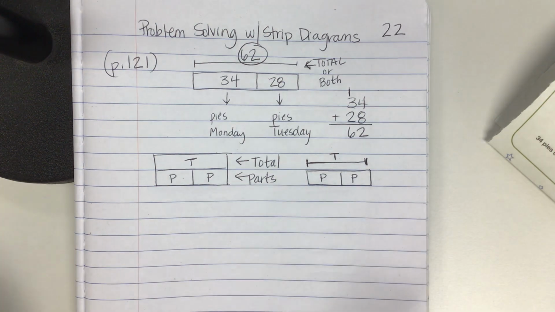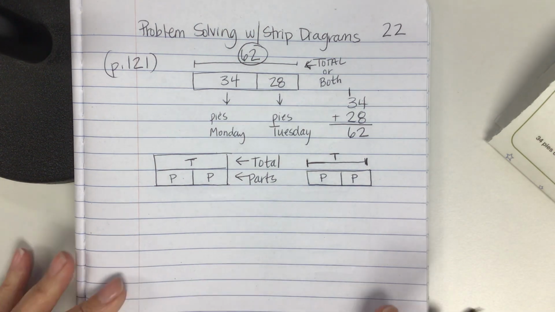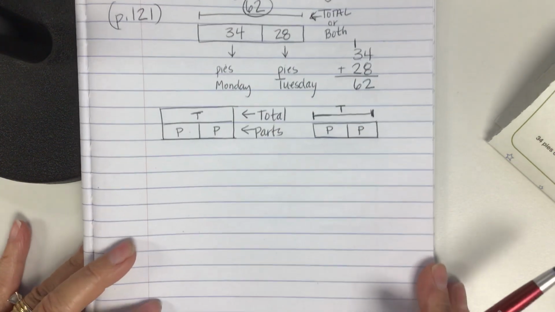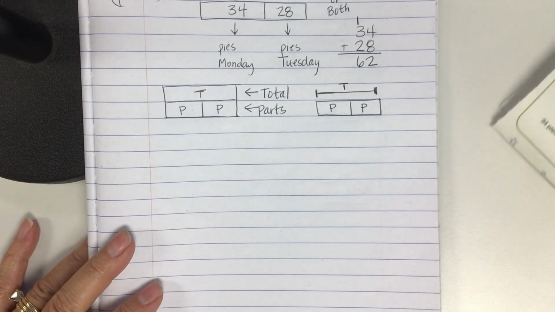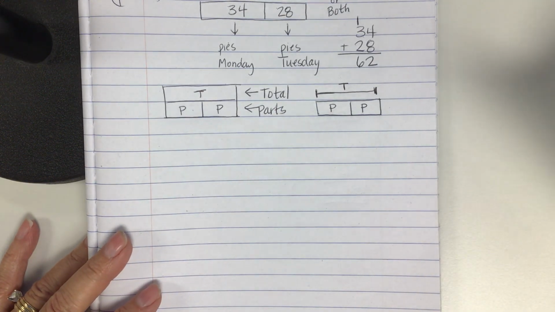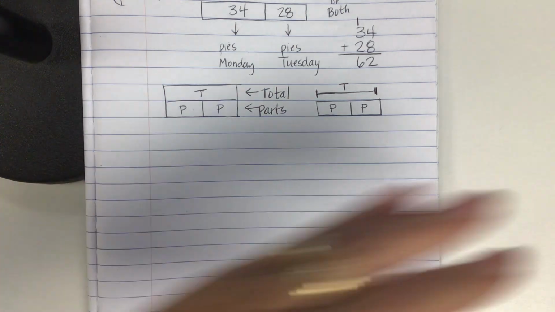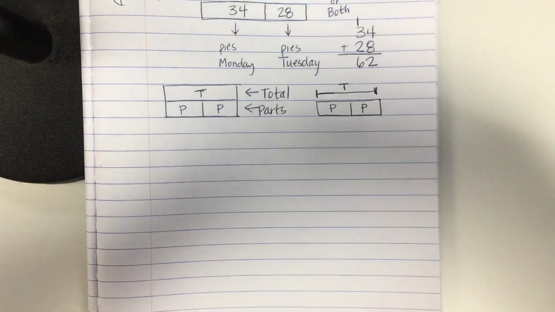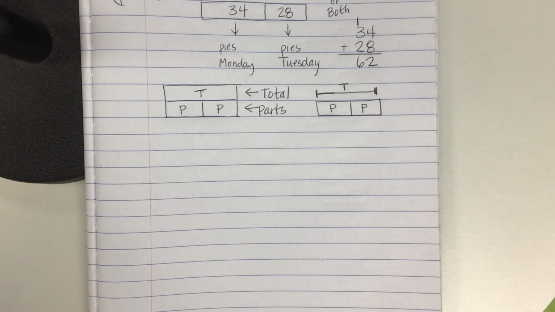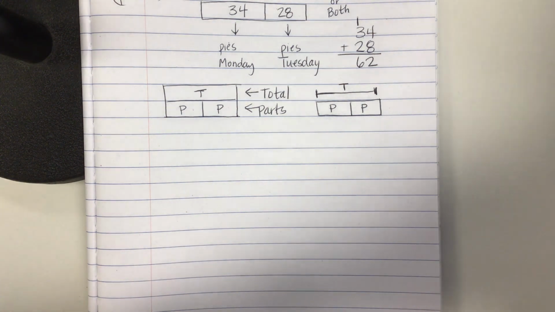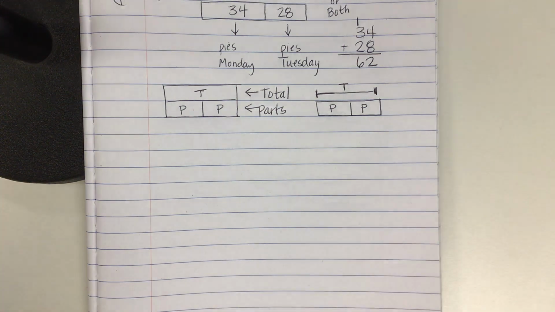Okay, these same diagrams can be used for subtraction. So I'm going to show you that right now. So if I have a subtraction problem like the one on the back here, this one is actually, well, I'm not going to use one right there.